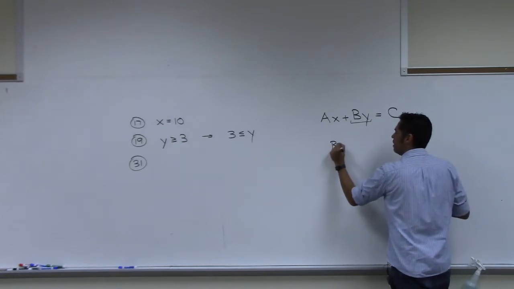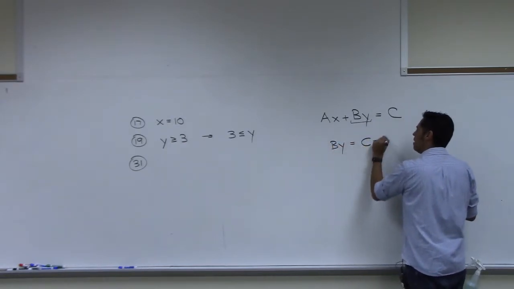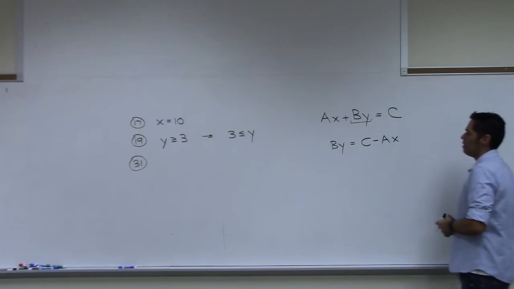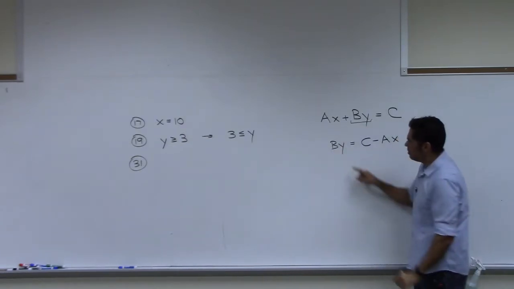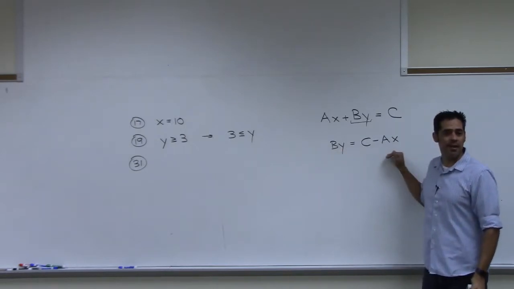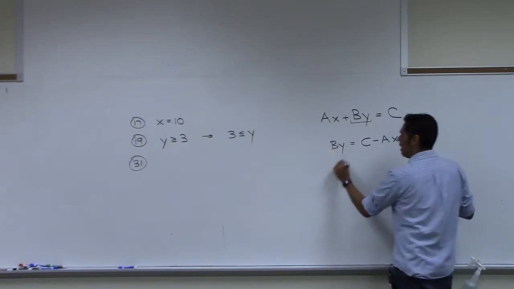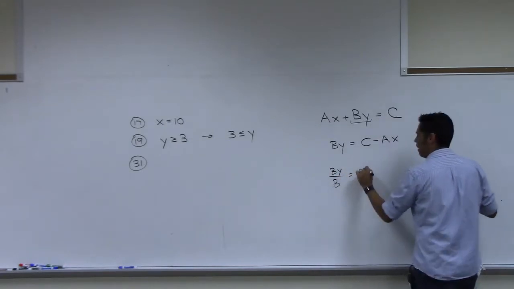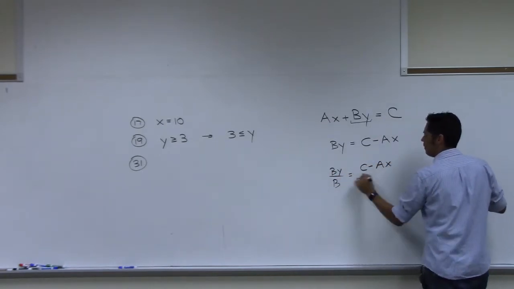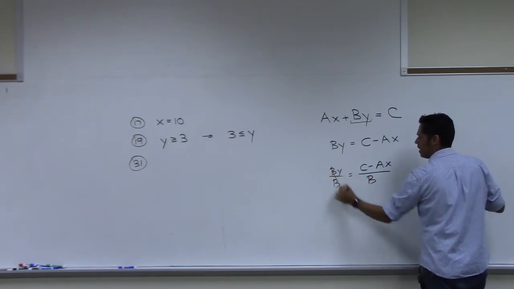So it should be BY equals C minus AX. And then at this point, to get Y by itself, all you have to do, since this is multiplication, is divide both sides by B. So if you divide the left side by B and divide the right side by B, the B's cancel here.